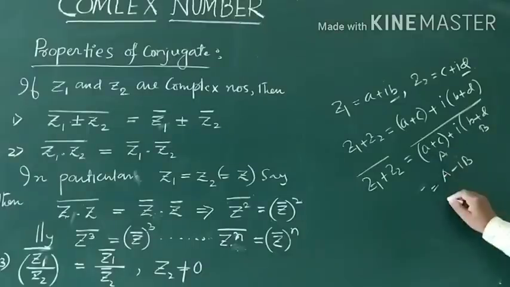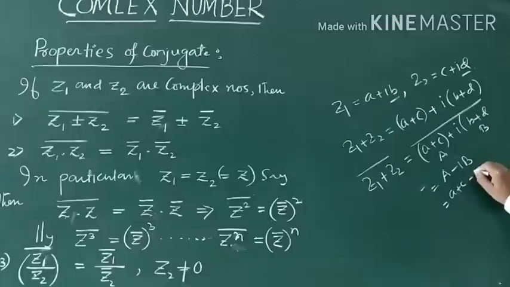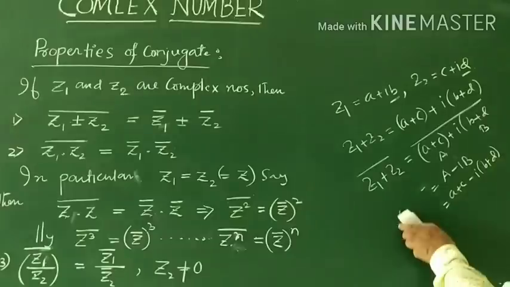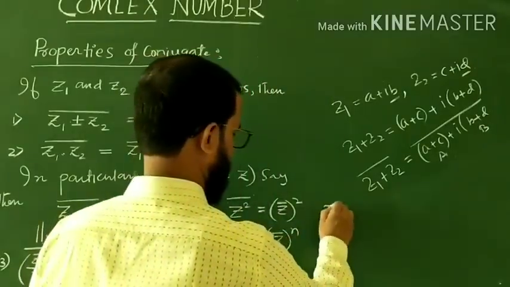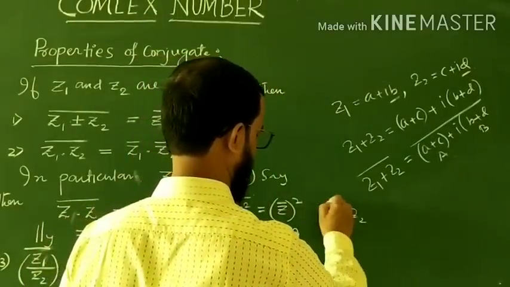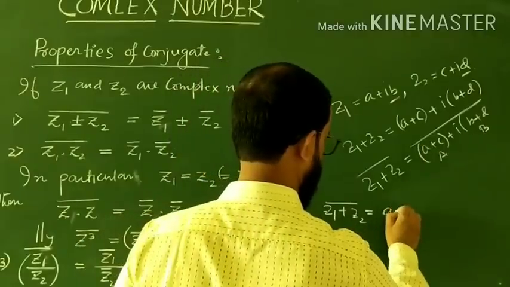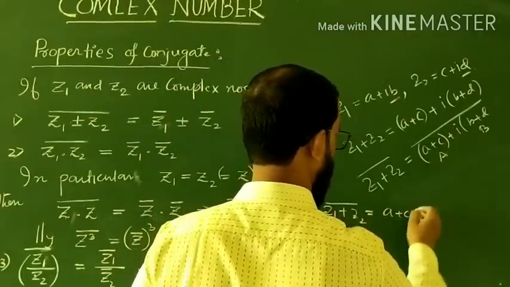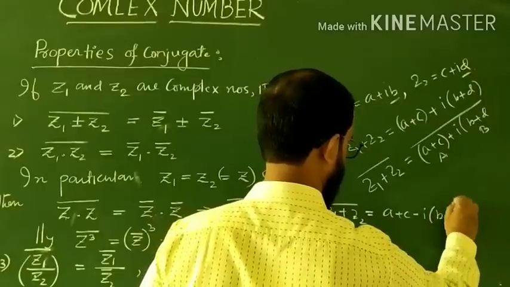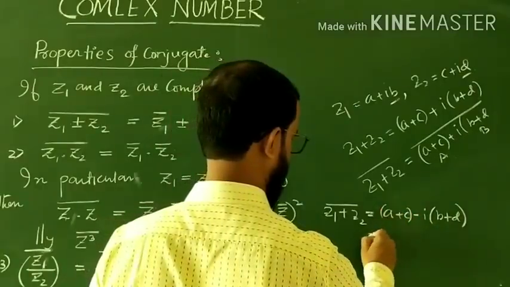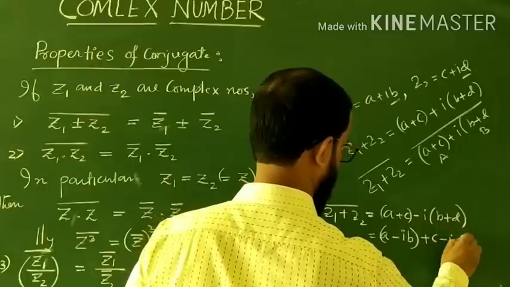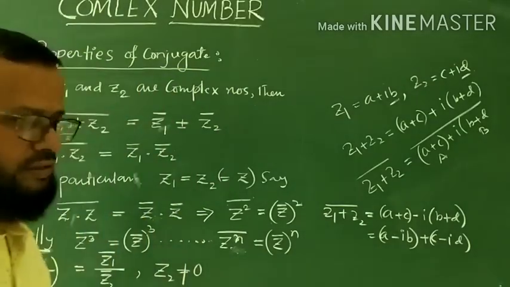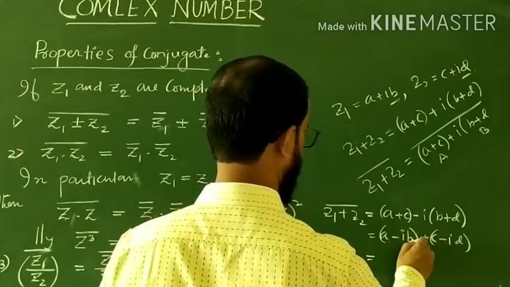Yes, what is A plus C minus I into B plus D. Okay, something this way, which equal to, suppose, finally what happens, Z1 plus Z2 bar equal to A plus C, इसमें क्या होगा, माइनस होगा, माइनस I into B plus D. Okay, and from here you can write A minus IB plus C minus ID.